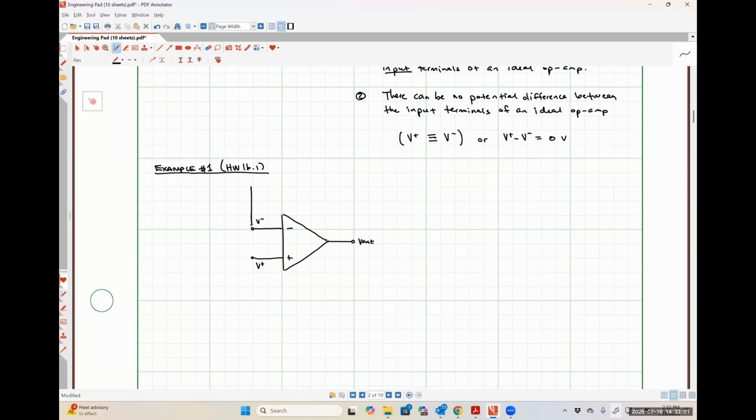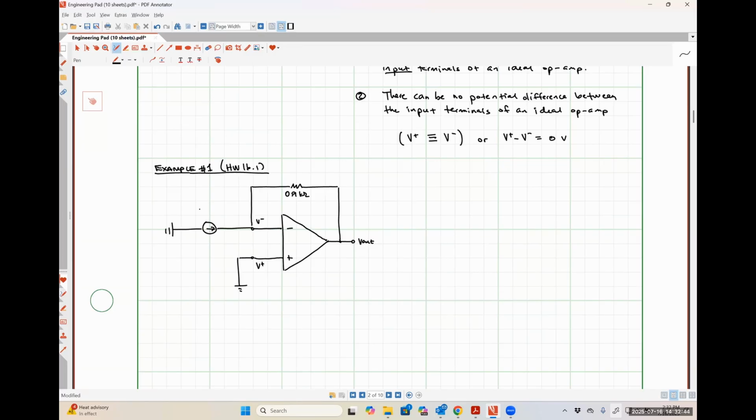So we have some resistor in our feedback path, and I'm just going to choose an arbitrary value. So let's say that this is 0.9 kiloohms. I'm going to ground my non-inverting input terminal, and I'm going to apply a current source to my inverting input terminal like so.